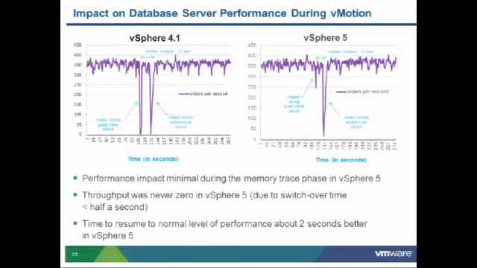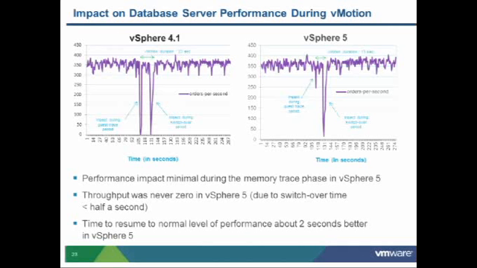Once again, I wanted to take a look at the performance impact on the database server during and after vMotion. I have two graphs here depicting the database server performance during the entire vMotion. As you can see, during the steady state, we had about 350 operations per second.